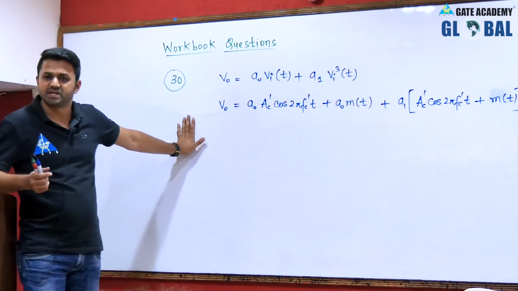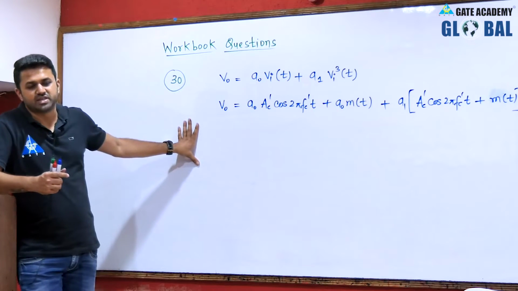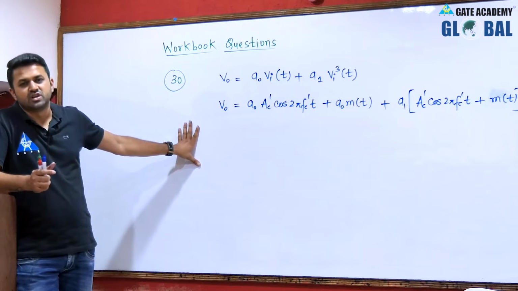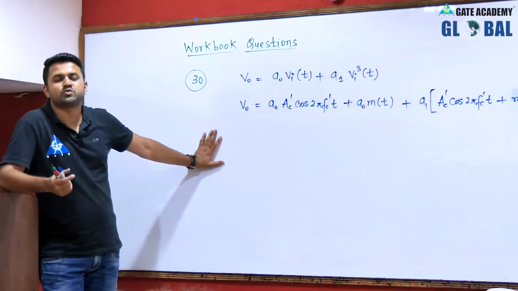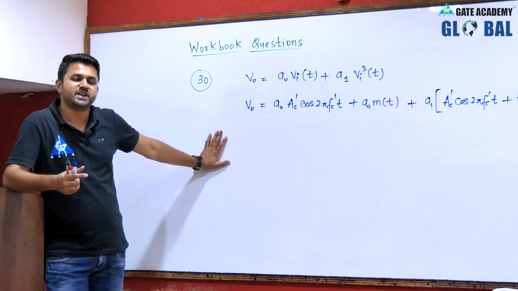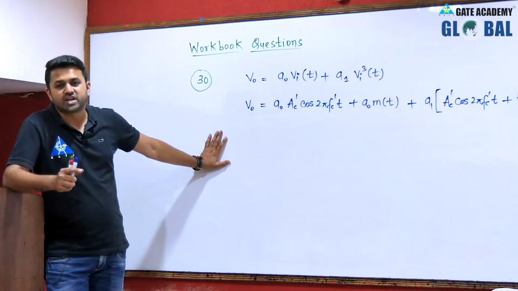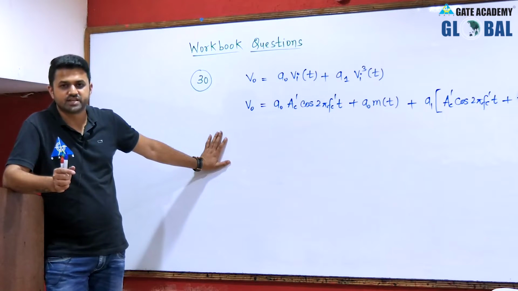It may be a high pass filter, band pass filter, or low pass filter. So, whatever the filter is, first of all we should know what frequency components are present at its input, and only then can we decide what frequency components will be present at the output of that band pass filter.